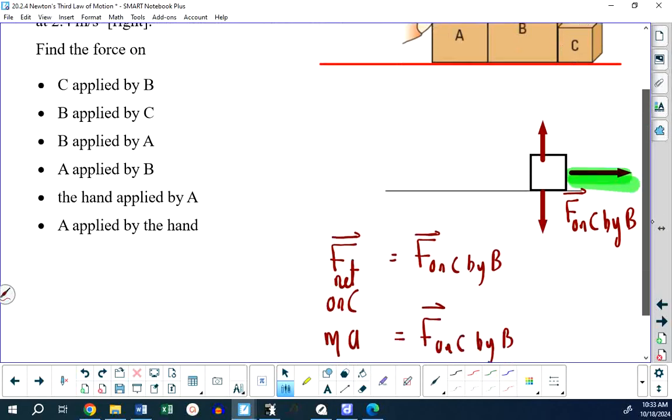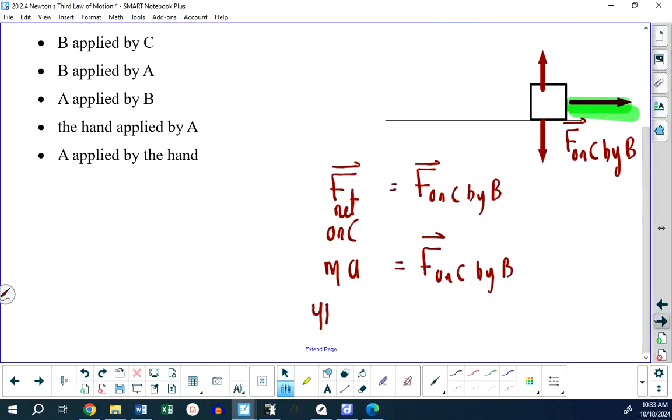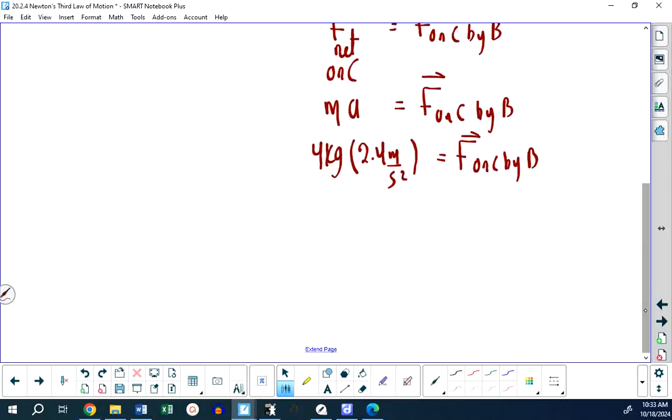So what do we have? 4 kilograms multiplied by 2.4 meters per second squared is the force on C by B, which is 9.6 newtons.